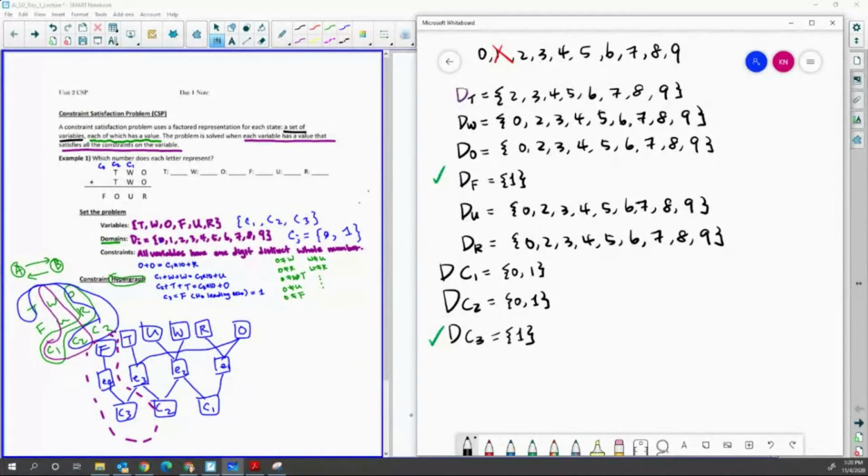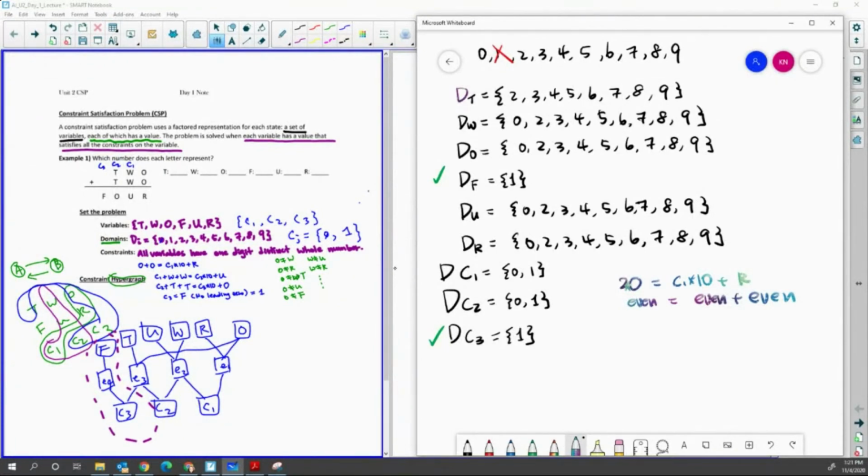Actually, by using the constraint, I can eliminate some. First one is O plus O, 2O equals E1 times 10 plus R. 2 times O is an even number, and even is even plus even because 10 times a number is even.